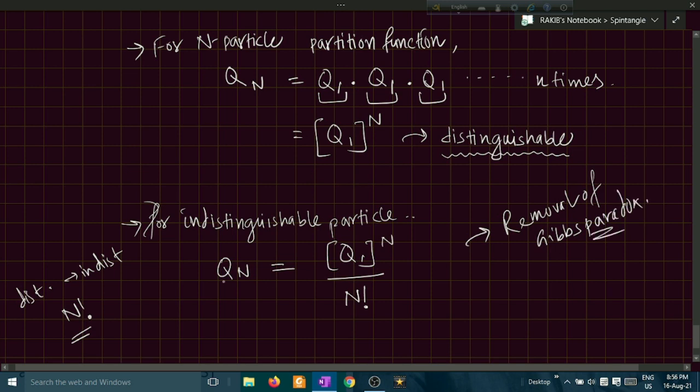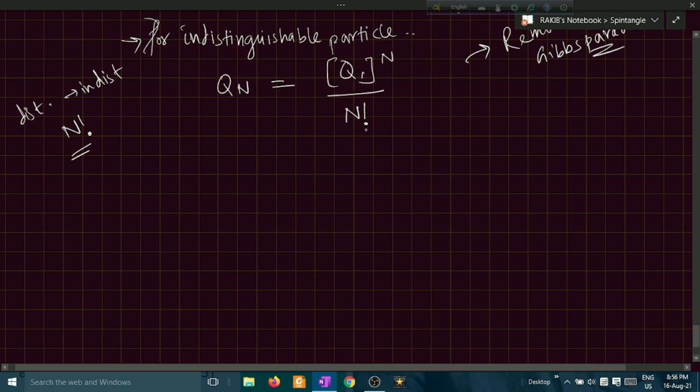In this removal of Gibbs paradox, there will be n factorial times, because indistinguishable particles will create less states, less number of microstates. Therefore we have to divide with a positive number to reduce the number of microstates in case of indistinguishable particles.